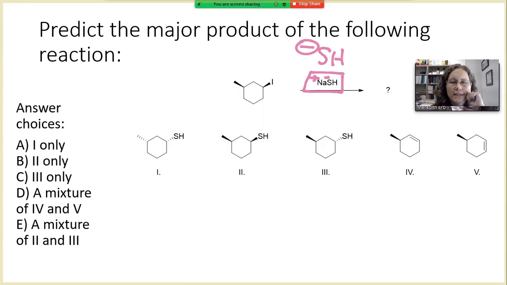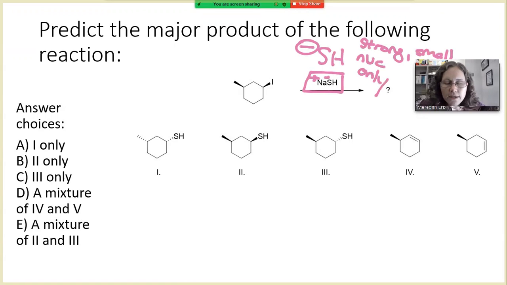When we take a look at this, we can immediately tell that it's strong and small. Strong because it has a full minus charge, and small because it only has 2 atoms. The tricky part is remembering that thiols and thiolates are generally nucleophiles only.